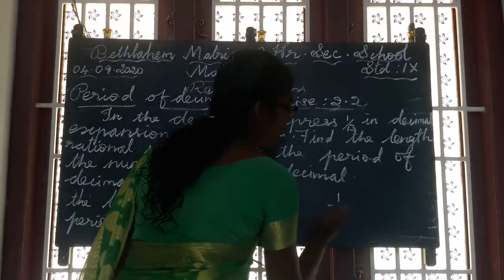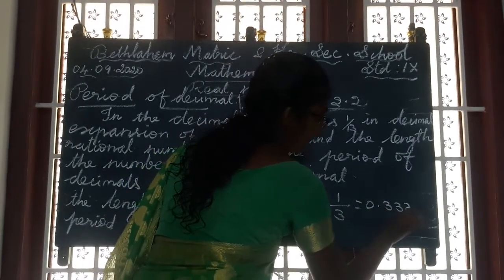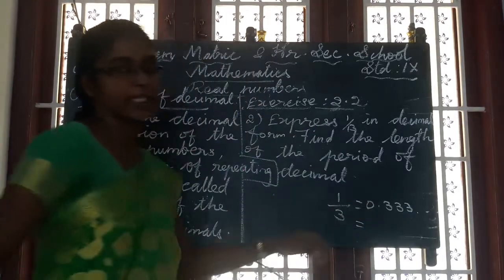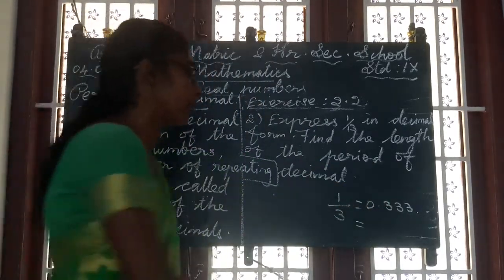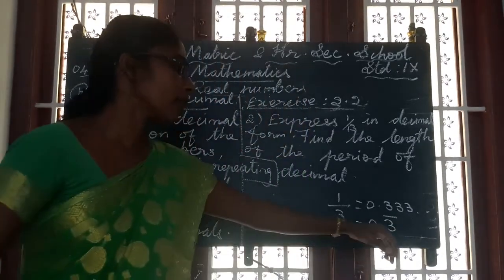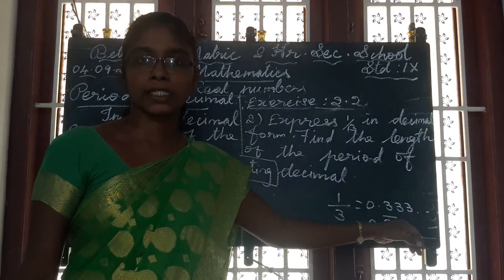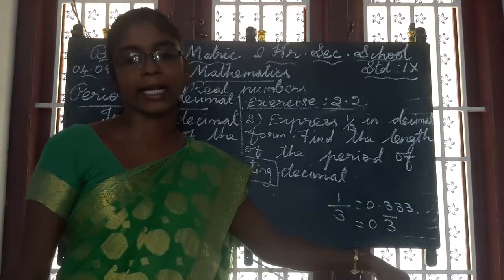For example, 1 by 3 is equal to, we know, 0.333 etc. Here which digit is repeating? 3 is repeating again and again. So we can write 0.3 bar also. Here the length of the period is equal to 1. Only one digit is repeating again and again.